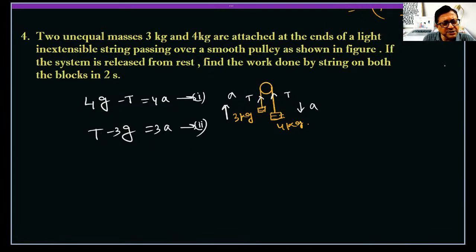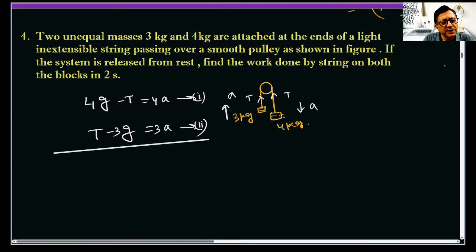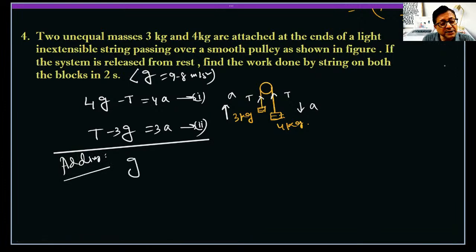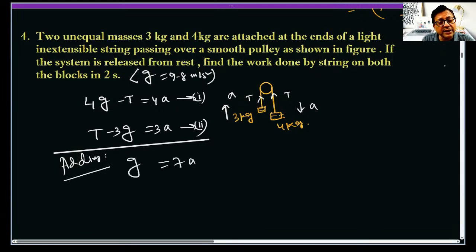So let us find the acceleration from here. You take g equal to 9.8 meter per second square. If it is given, you have to take it; if it is not given, then also you prefer to take 9.8. Just by adding here, what do you get? This becomes g equal to 7a.